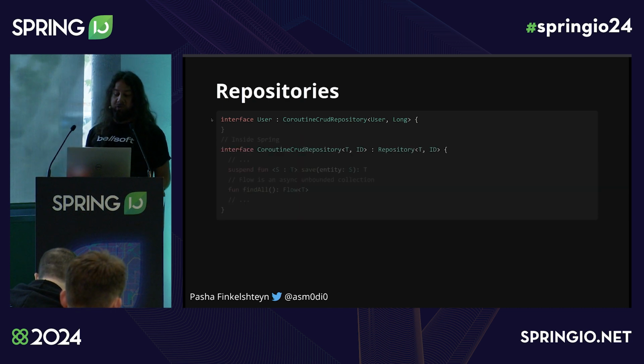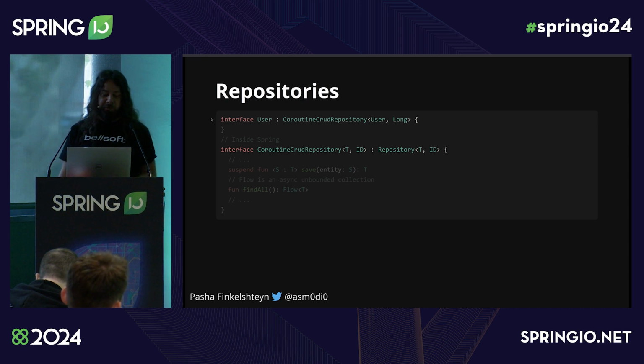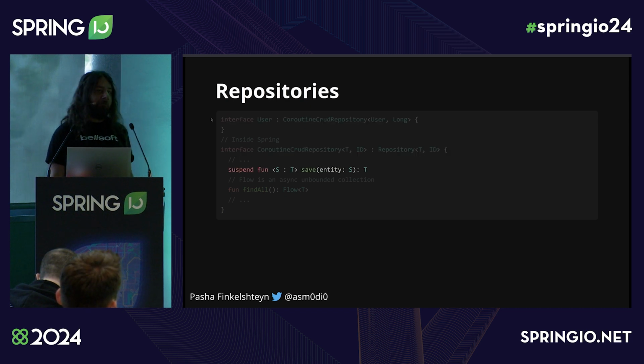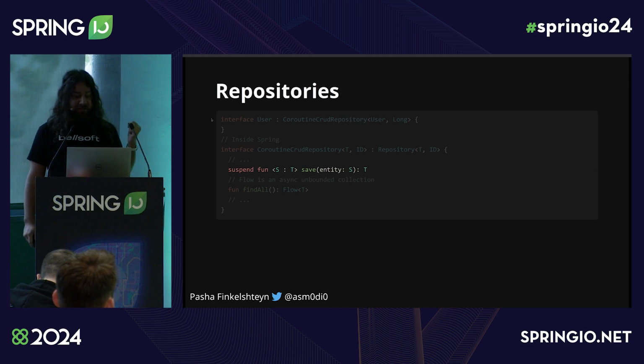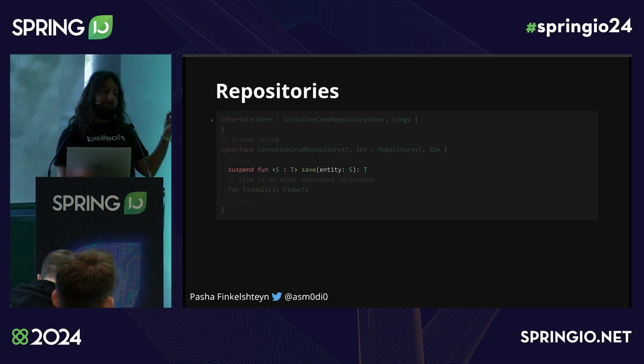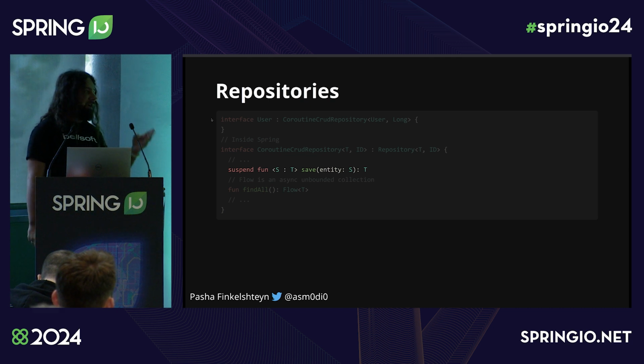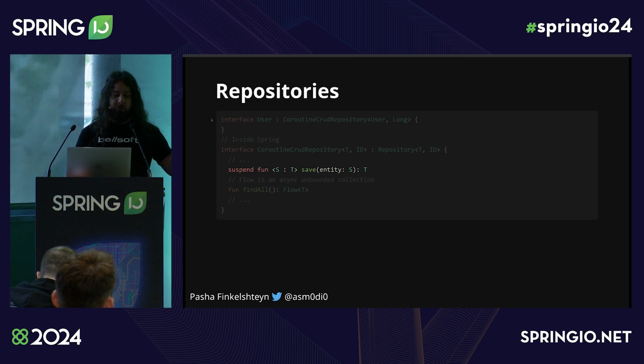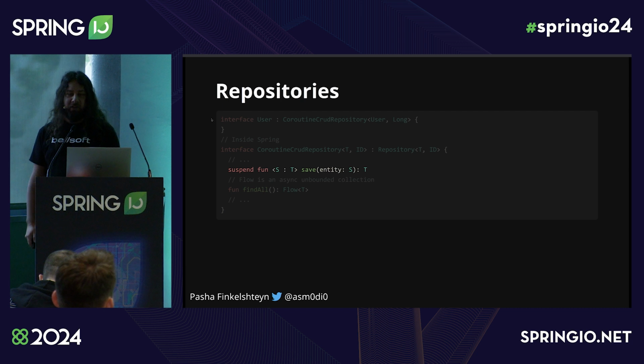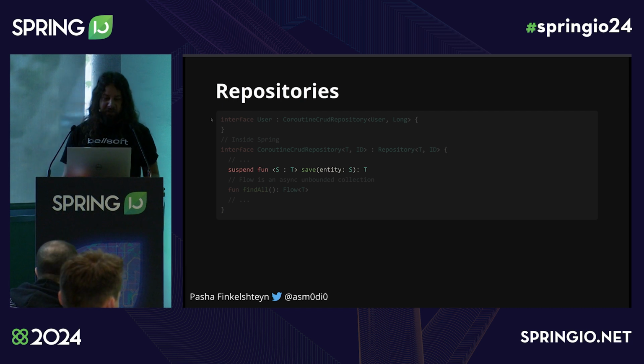If we look at CoroutineCrudRepository, it looks like other Spring repositories, but the signature of functions is slightly different. First of all, it has, for example, save, and this is a suspend function, which is cool. It means that we shouldn't actively wait until our entity is saved. When it is saved, it will return the saved entity.